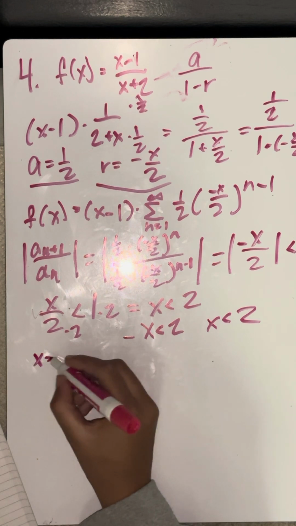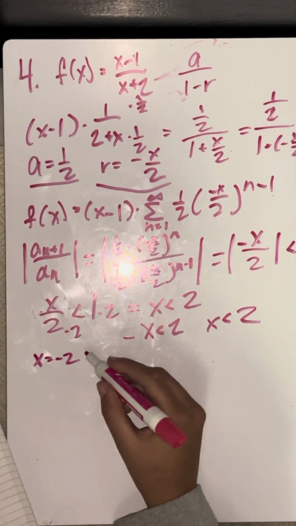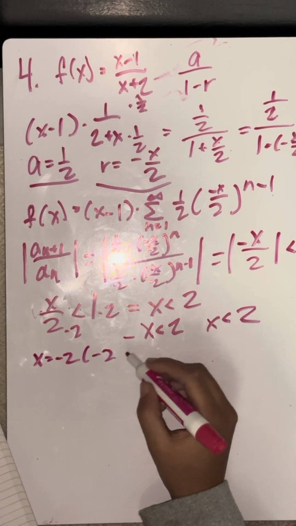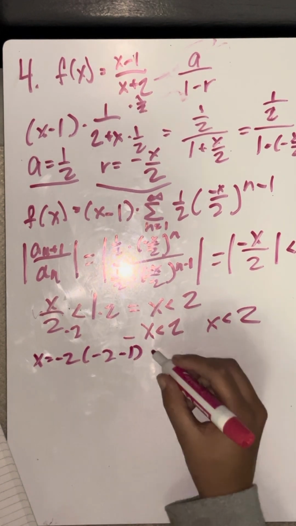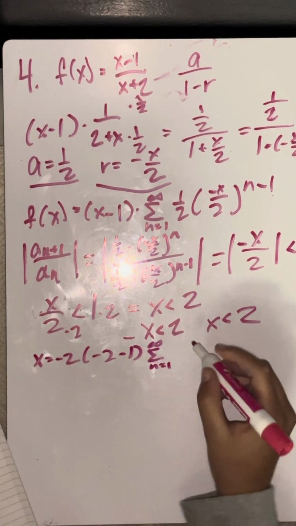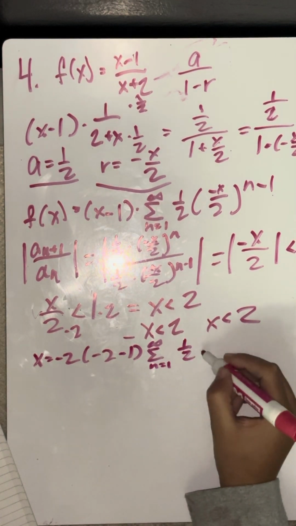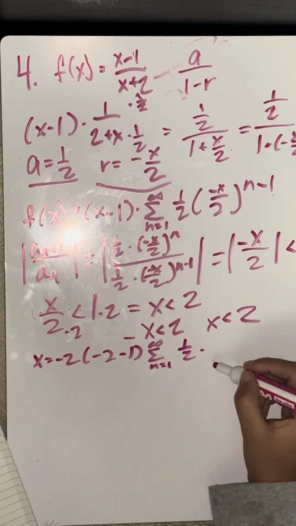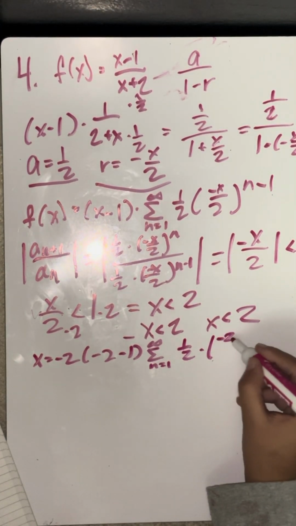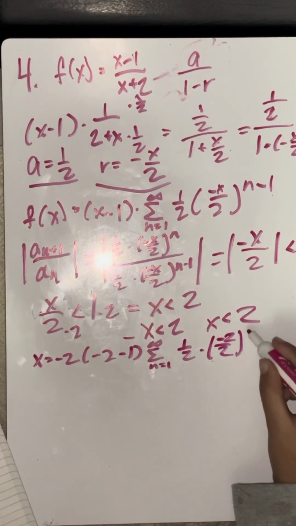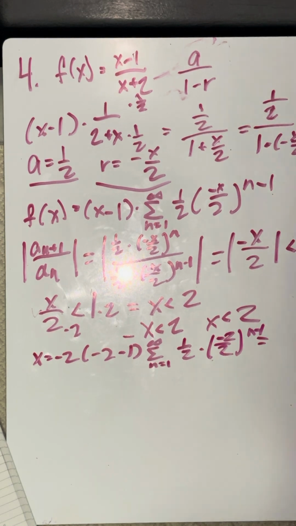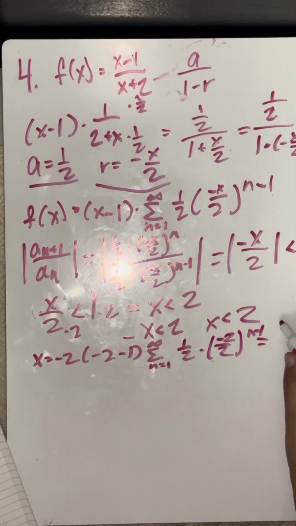So x equals negative 2: negative 2 minus 1, 1/2 times negative 2 over 2 to the n minus 1. That's going to equal 1/2.